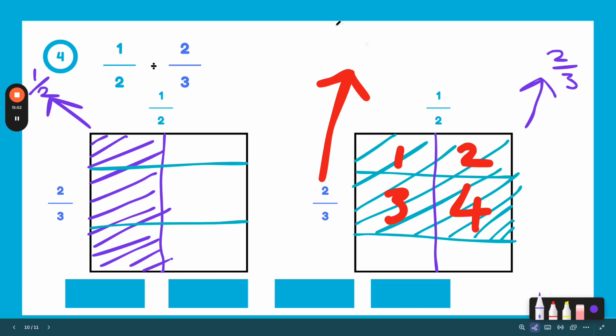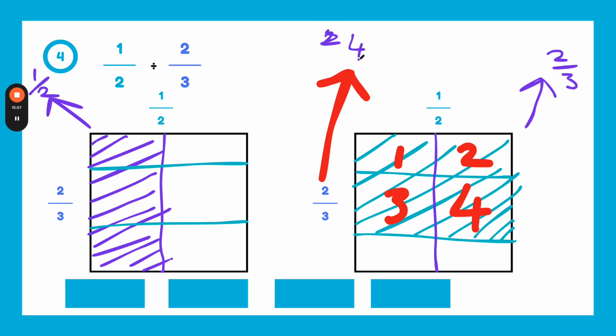So let's just write this down. 4 pieces make up 2/3. And so our half is represented by 3 shaded pieces in our first square.